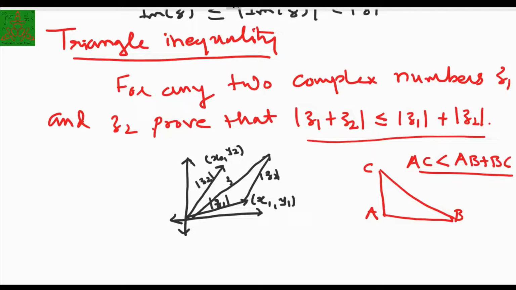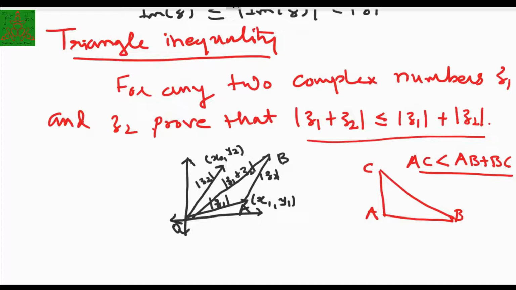That is the distance from the origin, the mod of z1 plus z2. If I consider this as O, this as A and this as B, then in this triangle OAB, obviously one side, that is z1 plus z2, is less than or equal to the sum of the other two sides, that is OA plus AB. That is exactly what the triangle inequality is.